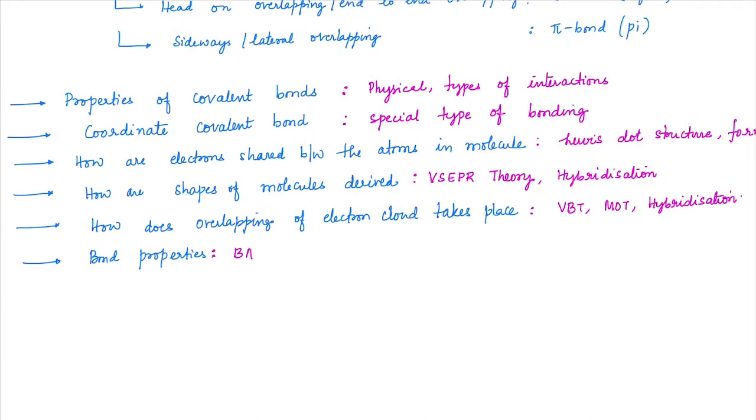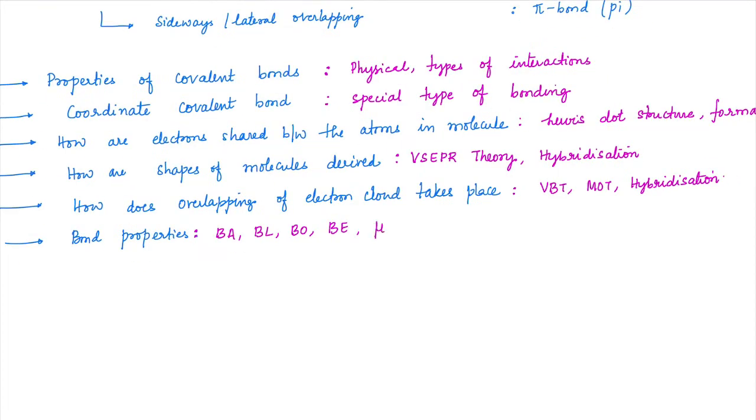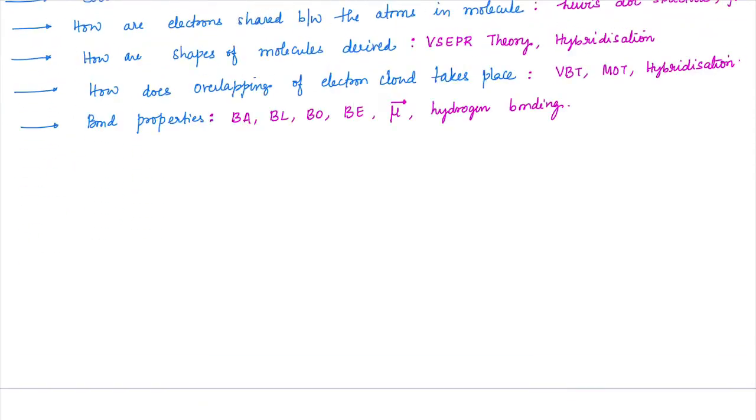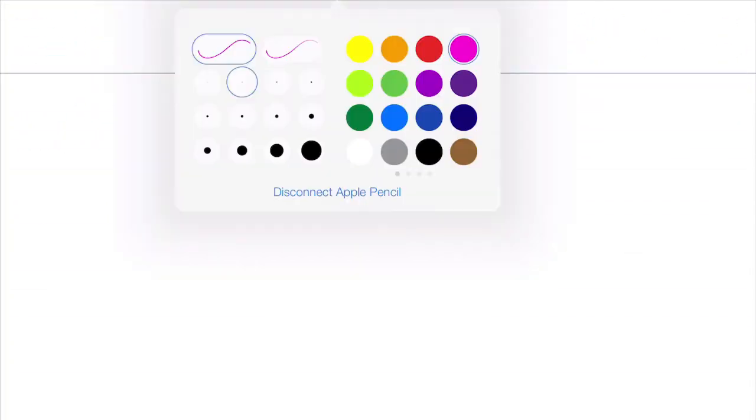Bond properties was in bond angle, bond length, bond order, and bond energy. Okay, along with that, we learn about type of. Start with the first thing, which is the properties of covalent compounds. Okay, so what are the various properties of covalent molecules? First one is the physical state.